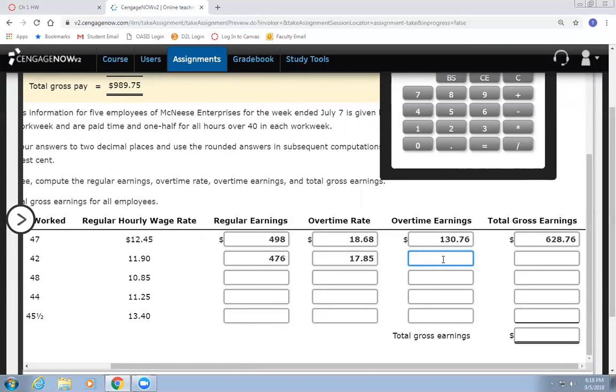So we take $17.85 times 2. So overtime earnings are what? $35.70. Perfect. And again, to get total gross, we're just taking the regular at $476 plus the $35.70 of overtime. And you should get $511.70.